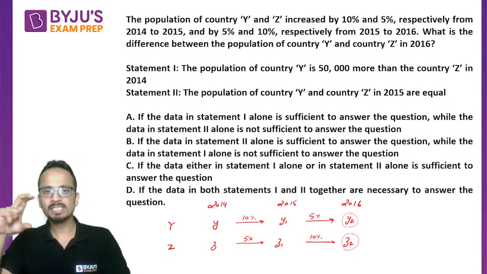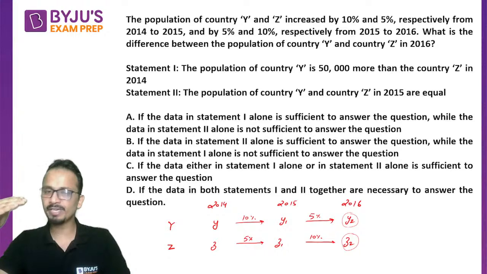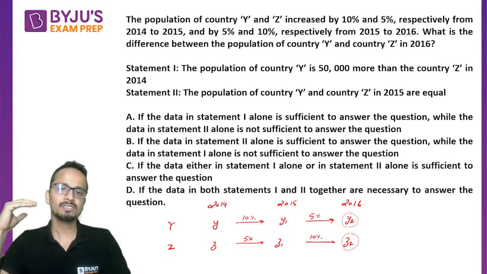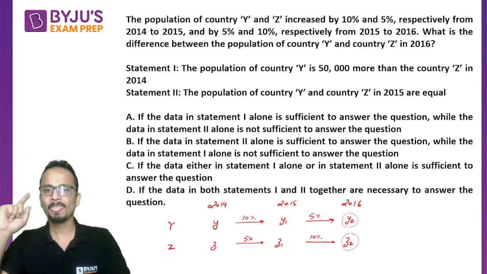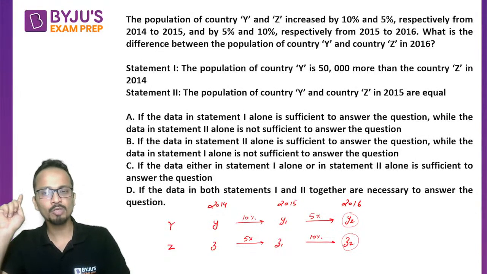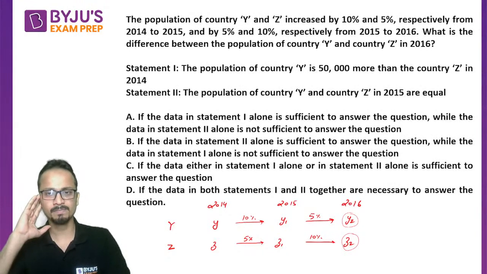Now for the first year 2014 to 2015, there is a different percentage increase in Y and Z. Similarly, from 2015 to 2016, there is a different percentage increase for Y and Z. Right? All of you have seen this.